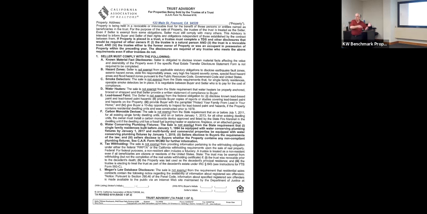But if both husband and wife are deceased, the successor trustee takes over. That successor trustee is what we call an exempt seller and has less disclosure responsibilities. And there's a special disclosure form that we'll see in a little bit that addresses that.